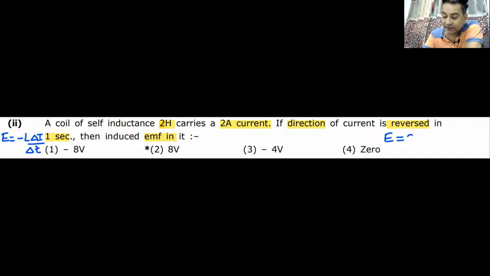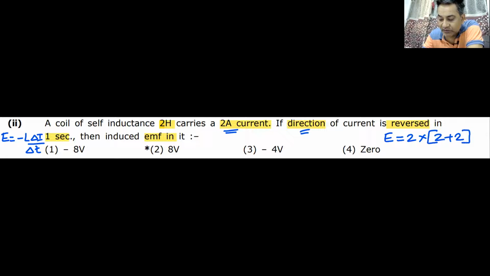The value of L is given as 2, multiplied by how much the current has changed. Initially the current was 2 ampere. Then the direction of current is reversed, so if it was like this, now the direction becomes like this. If I call this plus 2, this will become minus 2. So 2 minus minus 2, the change in current will be 4 amperes.